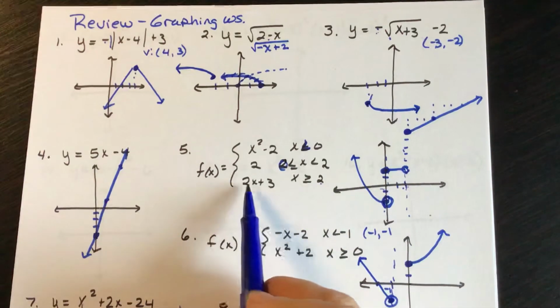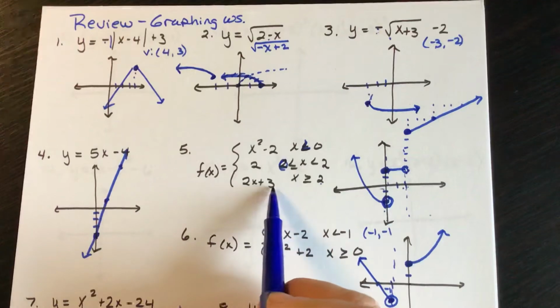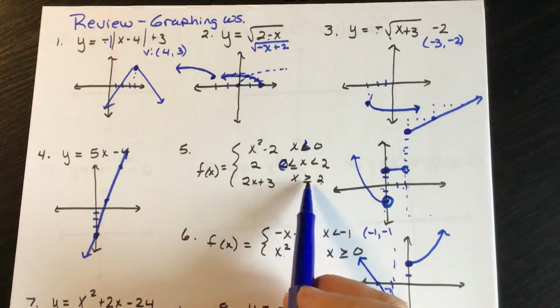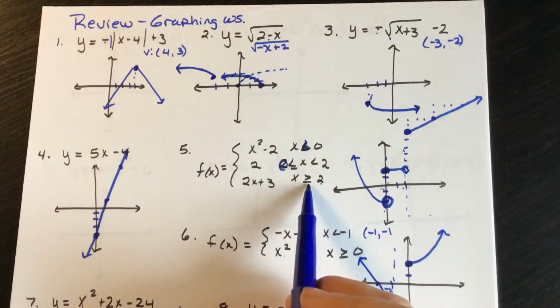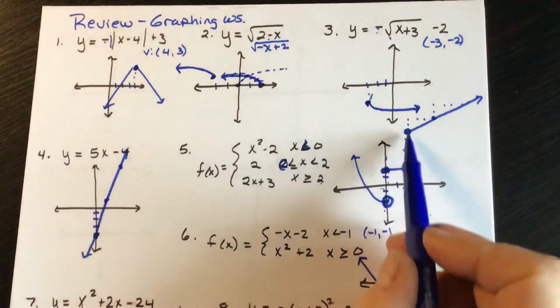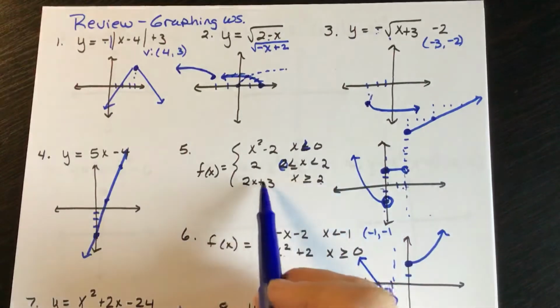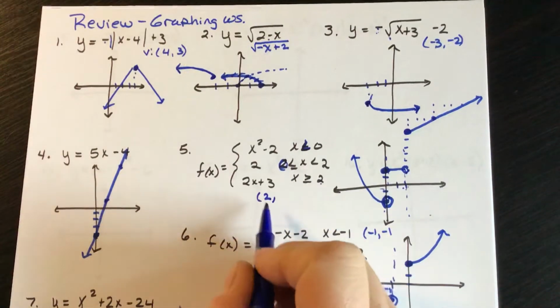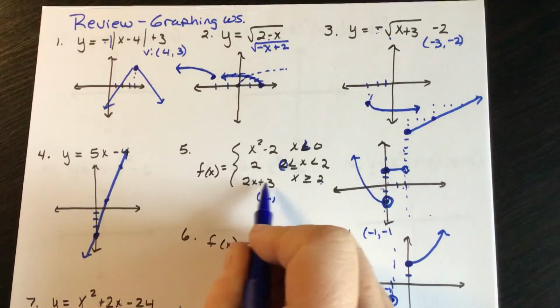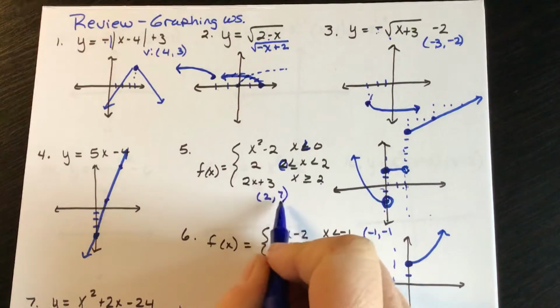This last part, y equals 2x plus 3, for numbers that are greater than or equal to 2. So I got a closed dot here. Now to find where I'm starting, I'm just going to plug 2 into my equation. 2 times 2 is 4, plus 3 is 7.